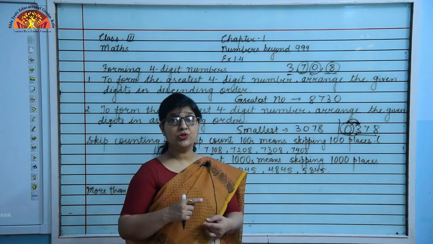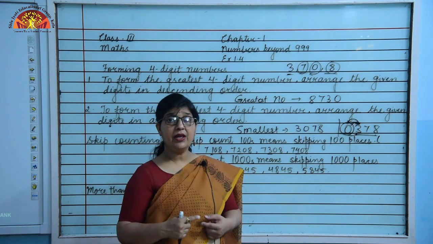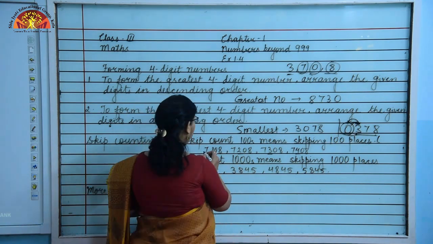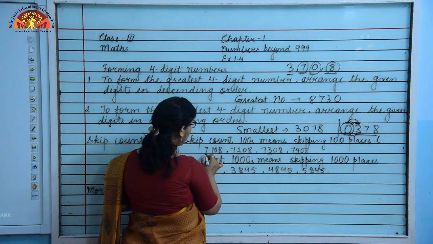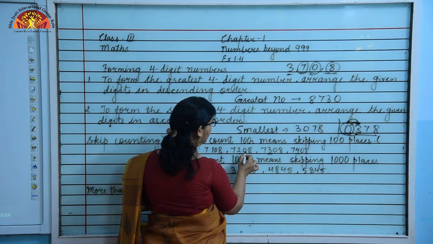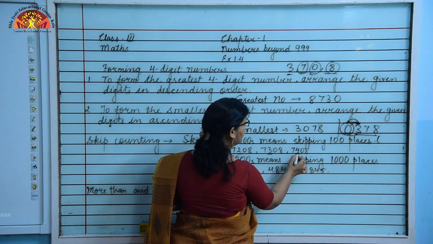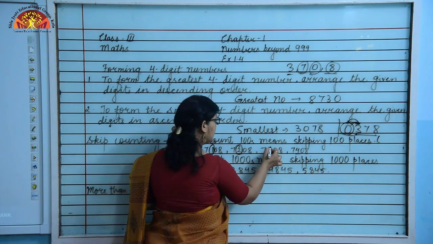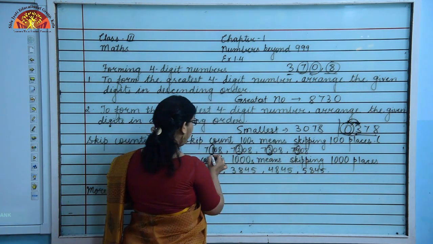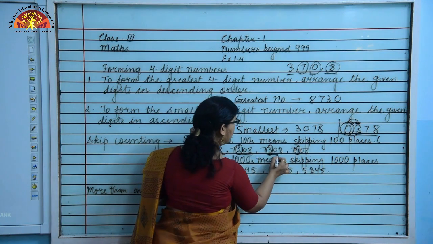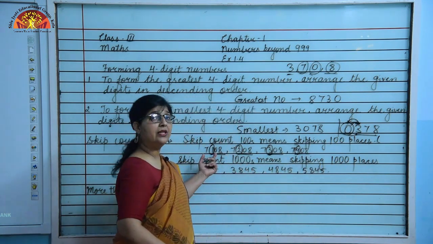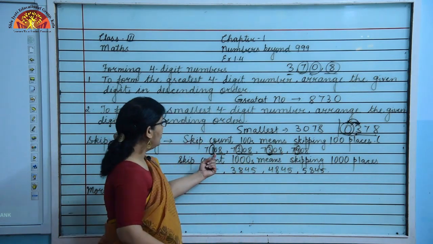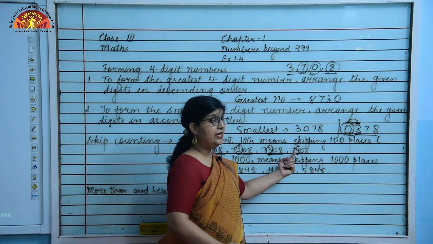The numbers at the 100 place we will skip, and the tens and ones places remain the same. So here we have numbers 7108, 7208, 7308, 7408. In this, which place did you skip? The 100th place. Here we have 108, 208, 308, 408. So how much is the skip? It is a skip of 100. And the tens and ones places remain the same.